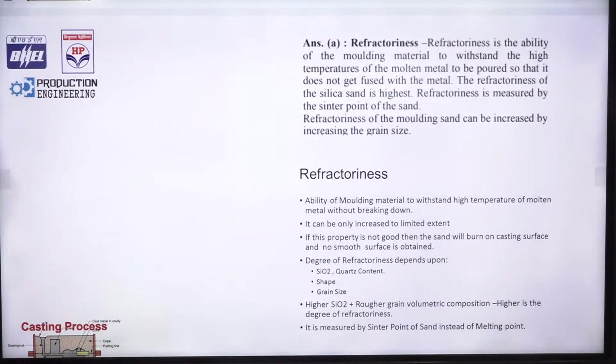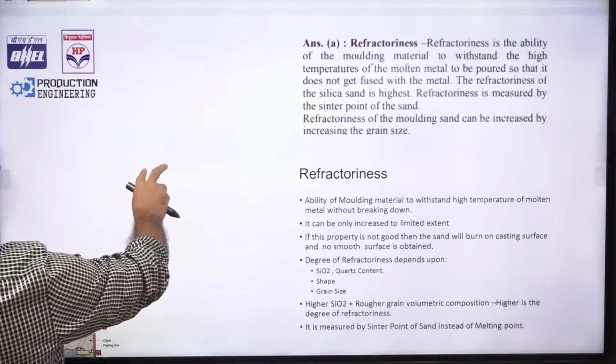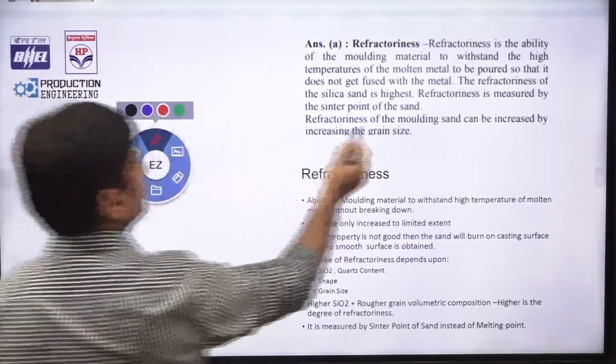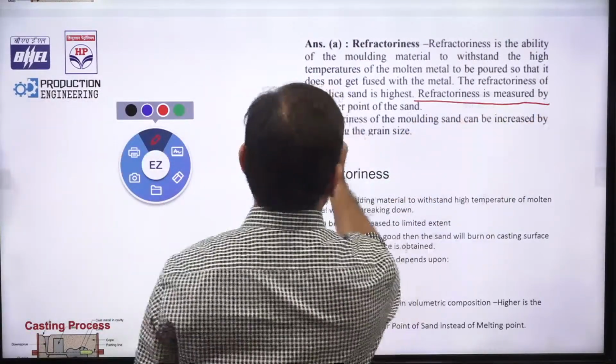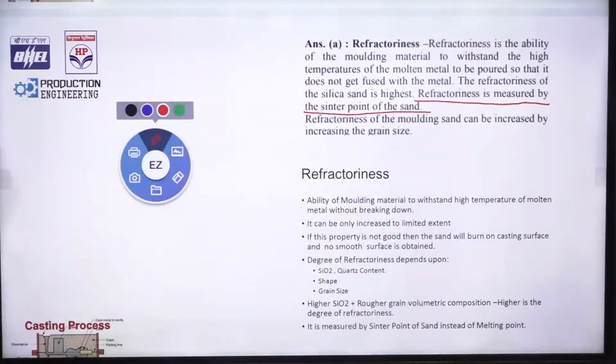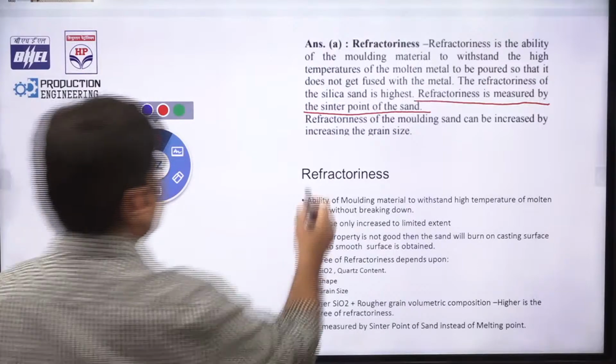Okay, the answer is A. Refractoriness is the ability to withstand high temperature when molten metal is poured into it and not get fused with the metal. Silica sand has very good refractoriness, and it is measured by the sinter point of the sand. This is very, very important, so note this particular thing also. How do you measure refractoriness? Sinter point of the sand. And it is increased by increasing the grain size.